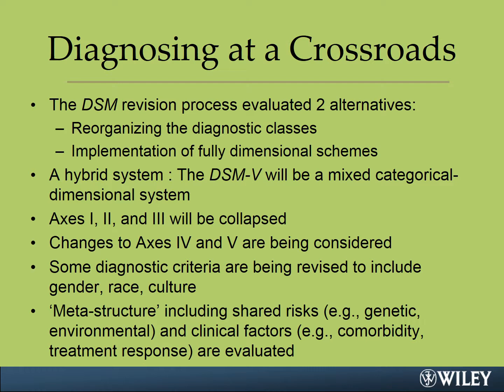Changes to Axes 4 and 5 are being considered. Some diagnostic criteria are being revised to include gender, race, and culture. Metastructure, including shared risks, for example genetic and environmental, and clinical factors, for example comorbidity and treatment response, are evaluated.